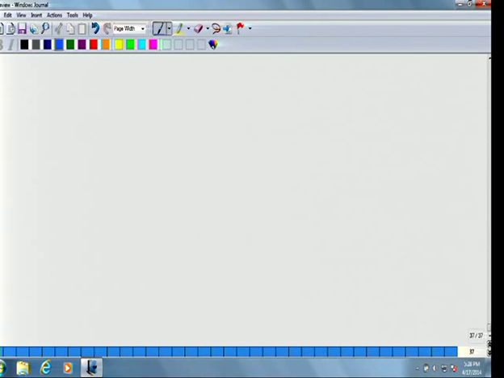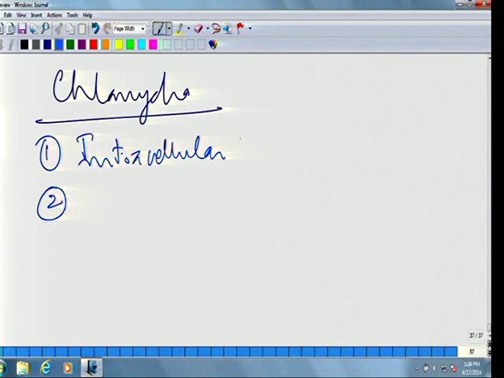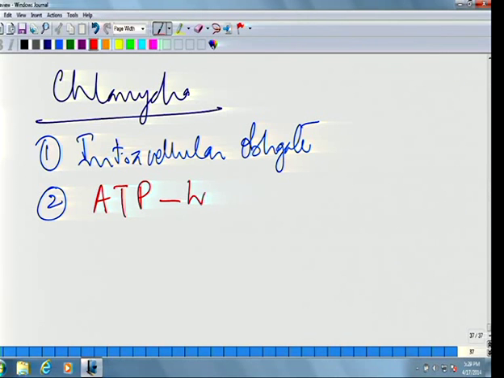So chlamydia, what are the characteristics of chlamydia? It's intracellular. Yes. You can't forget this. Then, obligate. It cannot live outside a cell. Then, yes, ATP, it needs host ATP.